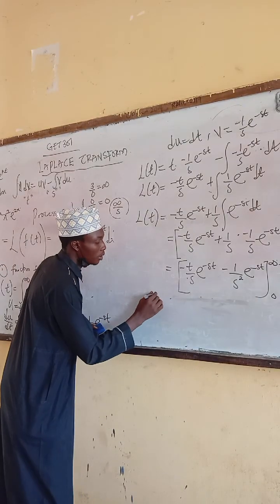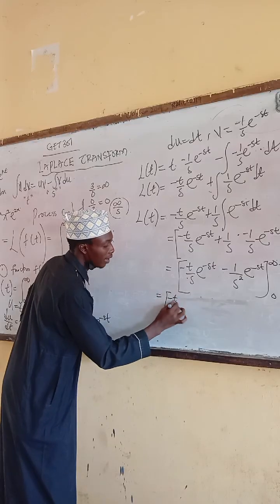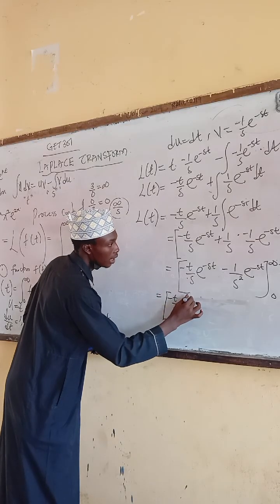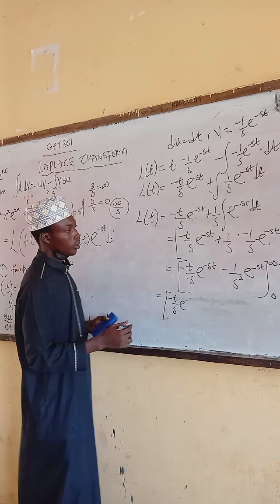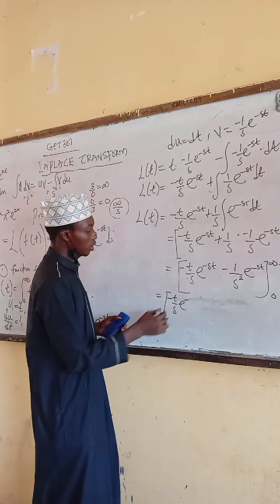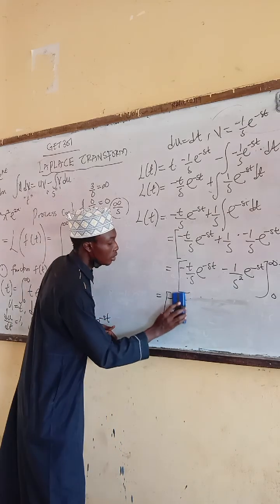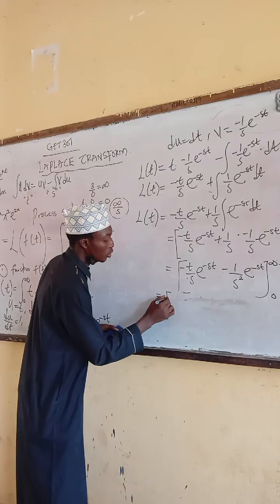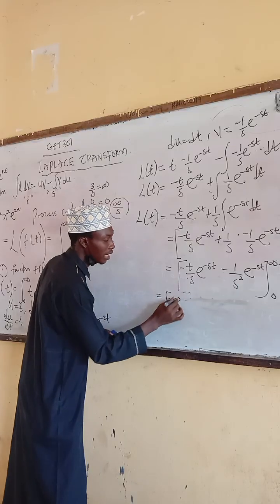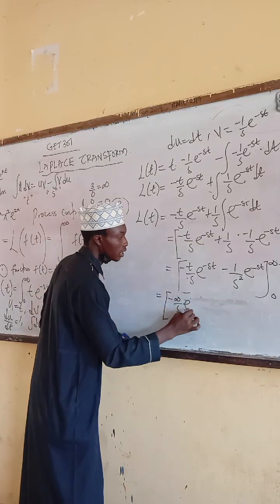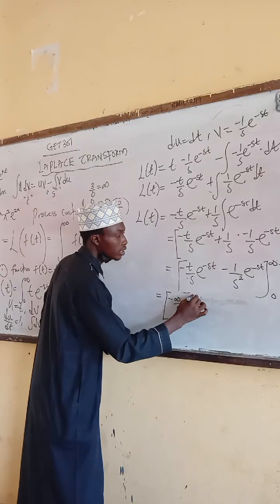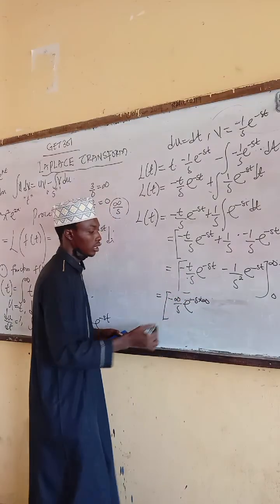So now from this place, you are going to have minus t over s exponential minus st. Instead of t, we are having infinity here. What's our t? Infinity over s exponential minus s times infinity.